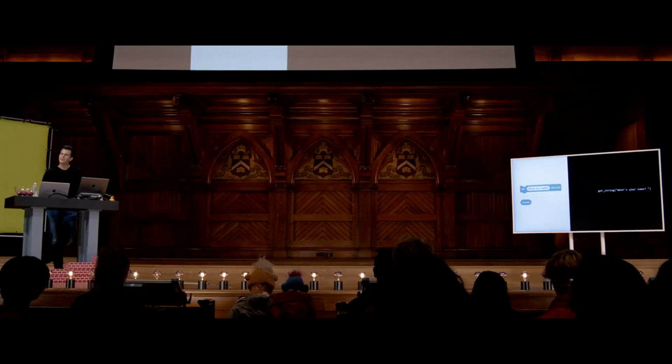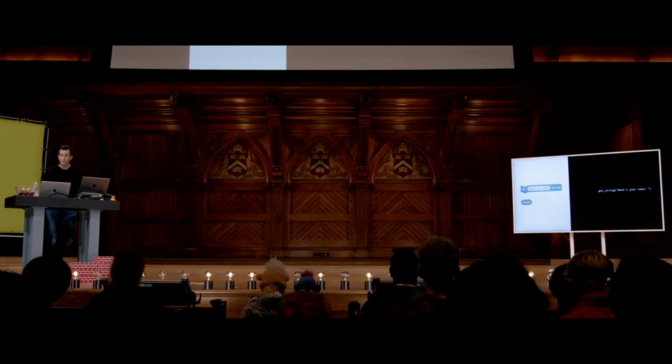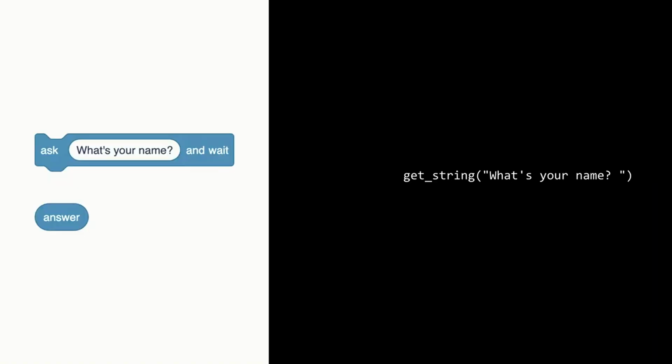All right, but the catch is with Scratch, we just automatically got back the answer from the user in a special variable called answer. In C, you're going to have to be a little more specific. In C, if you want to get back a return value from a function like getString, you have to use an equal sign and then the name of a variable on the left. The choice of variables is up to you.